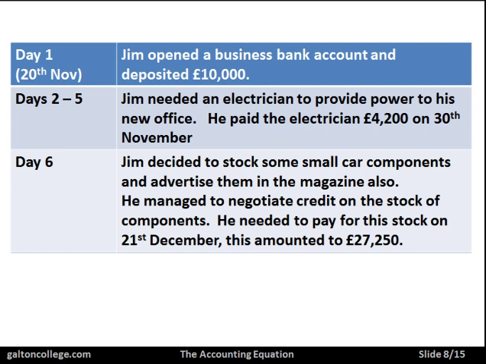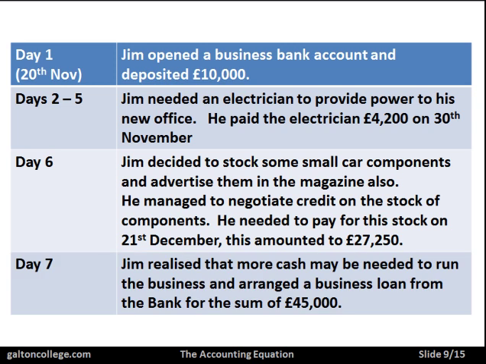So he got it on credit, and he doesn't have to pay it until the 21st of December. Later on the 7th day, Jim realized that more cash may be needed to run the business, so he arranged a business loan from the bank for the sum of £45,000.